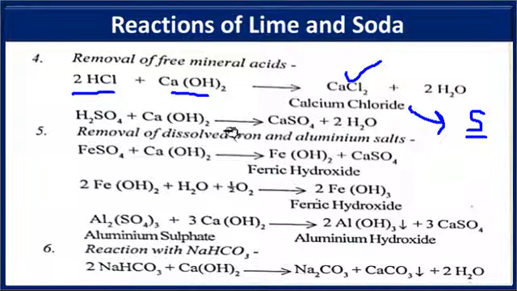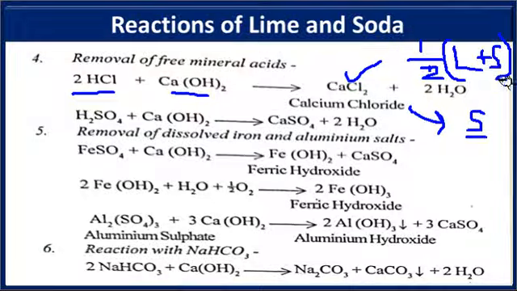And also it is noted that 2 moles of HCl require 1 mole of lime. That means if 1 mole of HCl is present, it requires half mole of lime. And when half mole of lime is consumed, half mole of calcium chloride is produced, which requires half mole of soda. So whenever HCl is present, always remember that 1 mole of HCl requires half mole of lime plus soda for its complete removal.